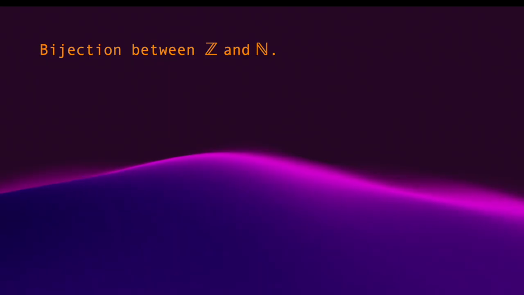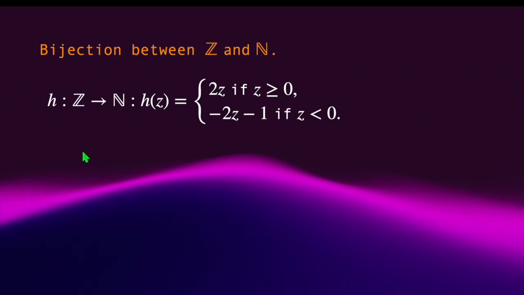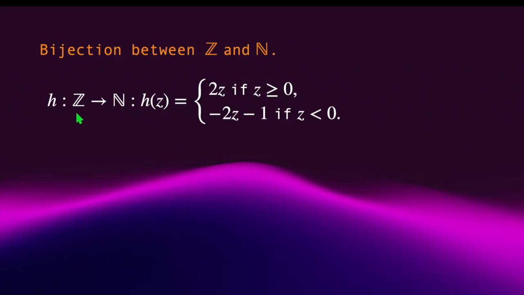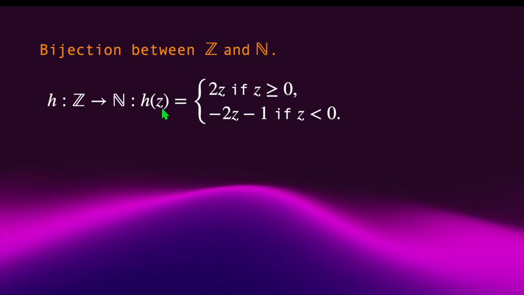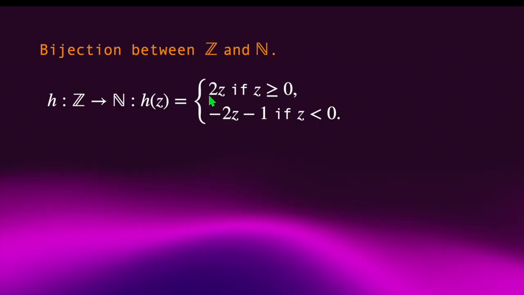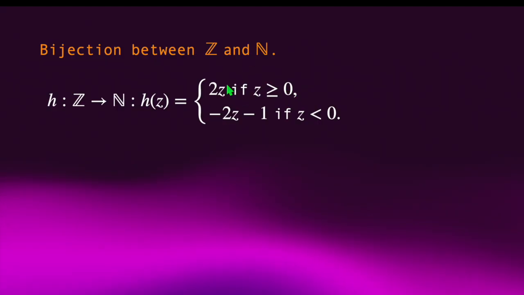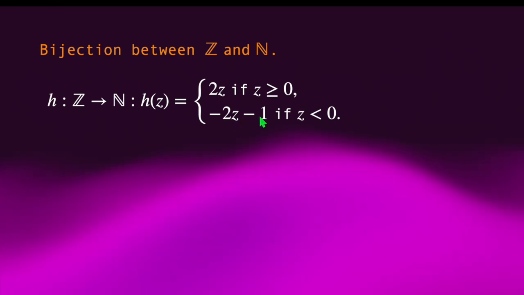First, the bijection between Z and N. It's easy to build. We consider this map from Z to N, which associates to any z the value 2z if z is positive, so we get all the even numbers of N, and we associate -2z-1 if z is negative, and we get all the odd numbers.